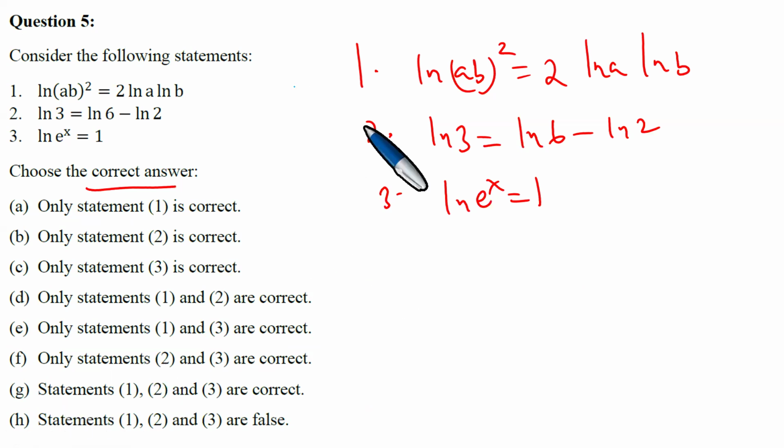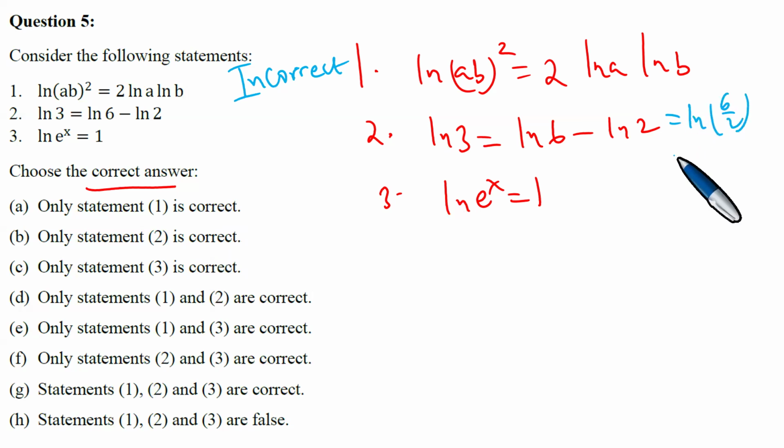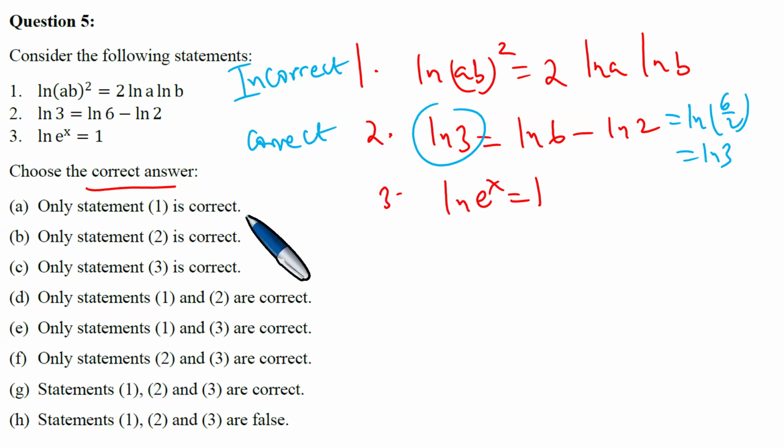In looking at this, the first one is certainly incorrect. Now this ln here is the ln of 6/2, and 6 divided by 2 is 3, so we have ln 3. Indeed, this is ln 3, so we are making a recap on the fact that this is indeed the correct result.